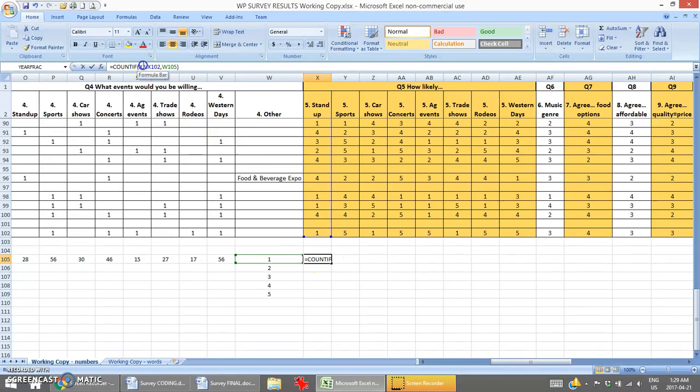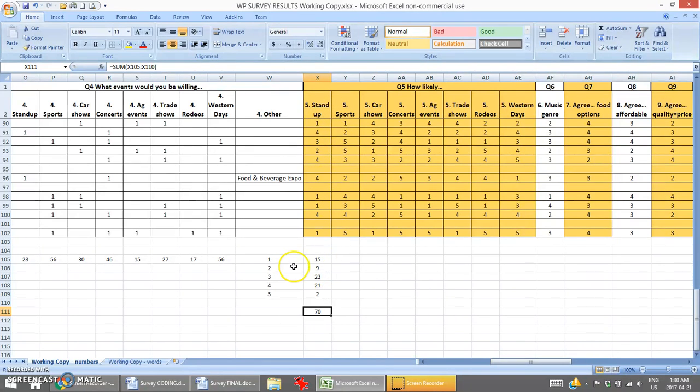So if we go up here, and if we make those cells absolute, those good old dollar signs, we can copy this down, and there we have it. And a total of 70 people ranked stand-up or indicated stand-up comedy shows.